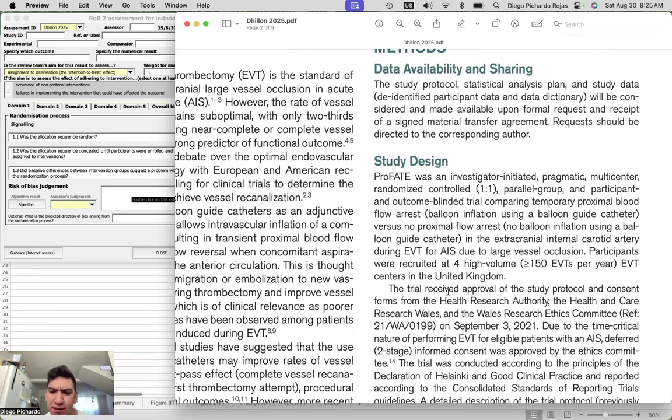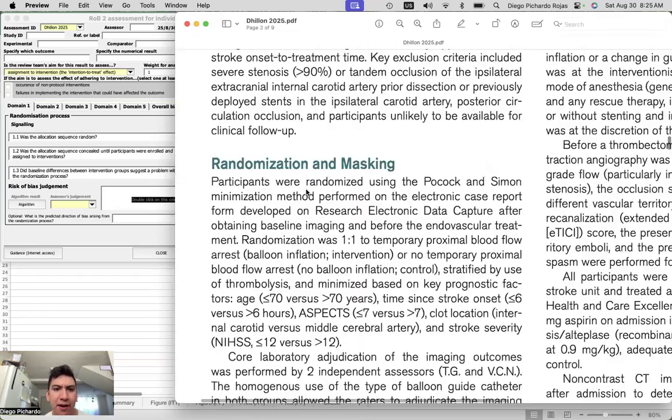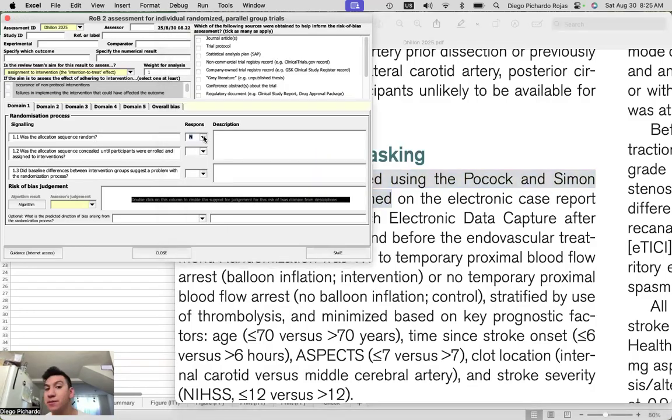It says here: participants were randomized using a Pocock and Simon minimization method. So in this case, it was randomized. There are some studies that are not randomized control trials, they're just open or non-blinded clinical trials. This one was blinded. Was the allocation sequence concealed until the participants were enrolled and assigned to the intervention?